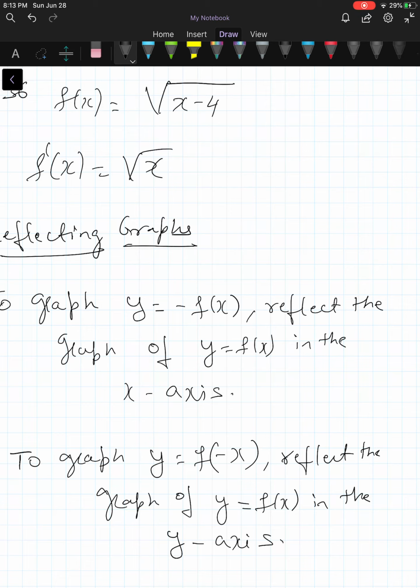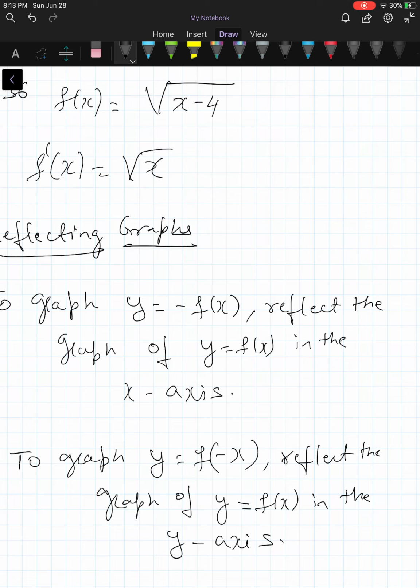So you can observe that a reflection in the x-axis is the same as a vertical shift, but the shift crosses the x-axis. And the reflection of y is equal to f of x in the y-axis is the same as the horizontal shift, but the horizontal shift happens crossing the y-axis, given an original graph.